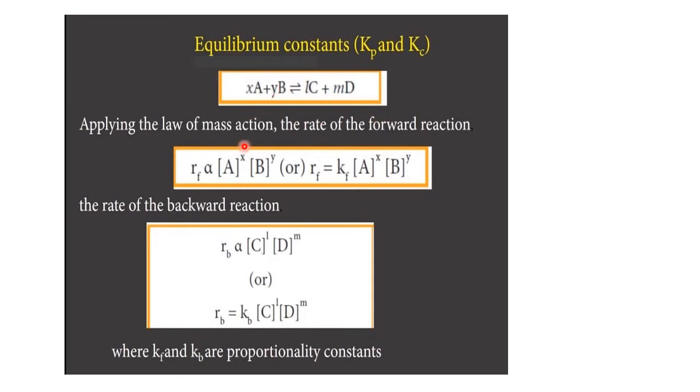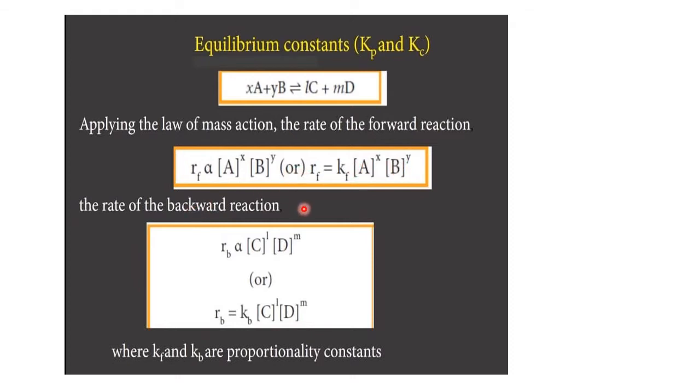Rf, the rate of the forward reaction, is proportional to [A] power x into [B] power y. We can replace the proportionality with a constant Kf, the constant for the forward reaction, so Rf equals Kf into [A] power x into [B] power y.